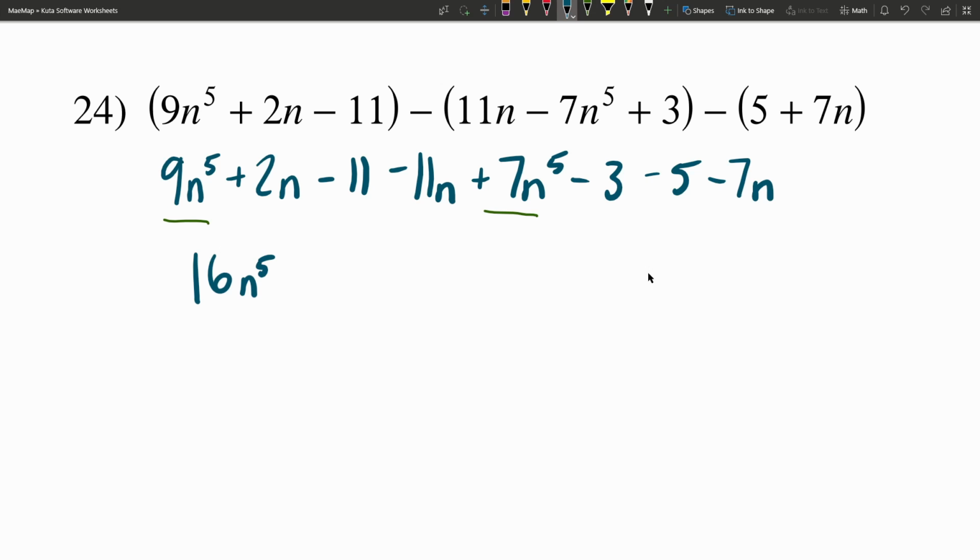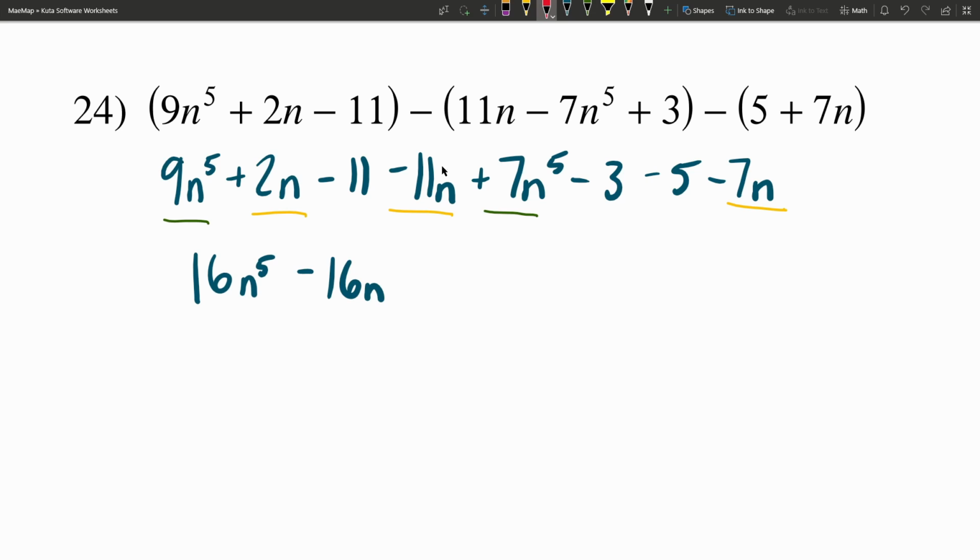Try 2. Nope, don't see any, but I do see a degree of 1. 2n, 11n, and 7n. So combining those, 2n minus 11n is a negative 9n, minus a 7n is going to be a negative 16n. So subtracting 16n.